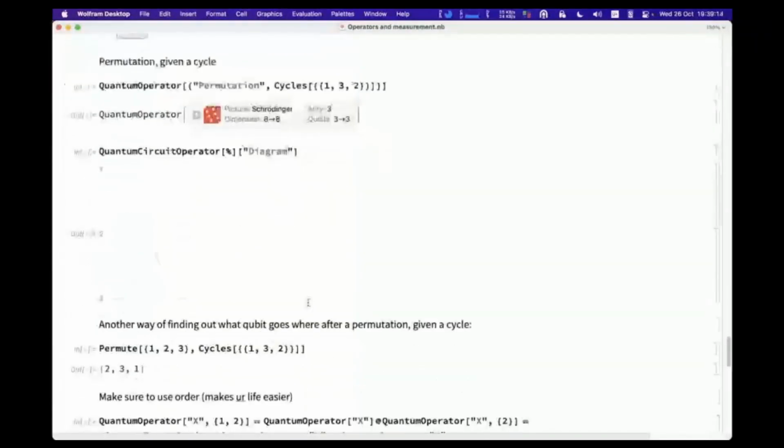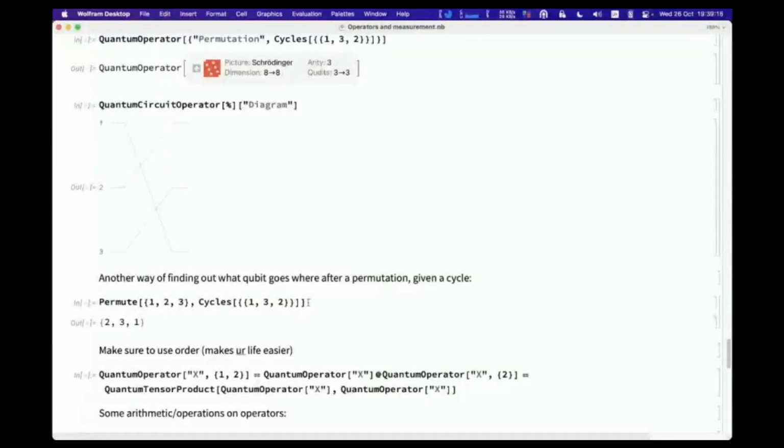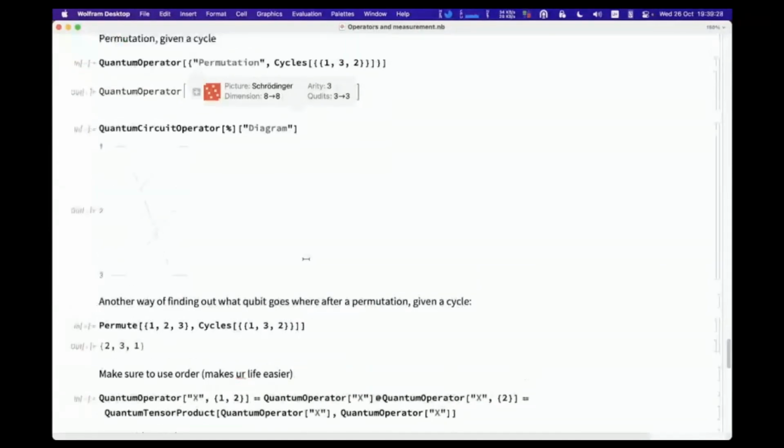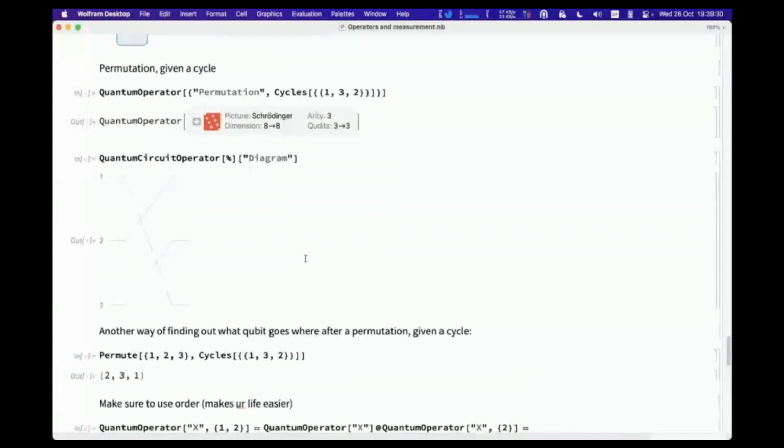One of the many things when you are working with any operator, like the permutation example we have here: since it's a cycle, many of you may not know how the cycle works. One by one, and then the last one also permutes the first one. So we can always look into the corresponding circuit diagram.